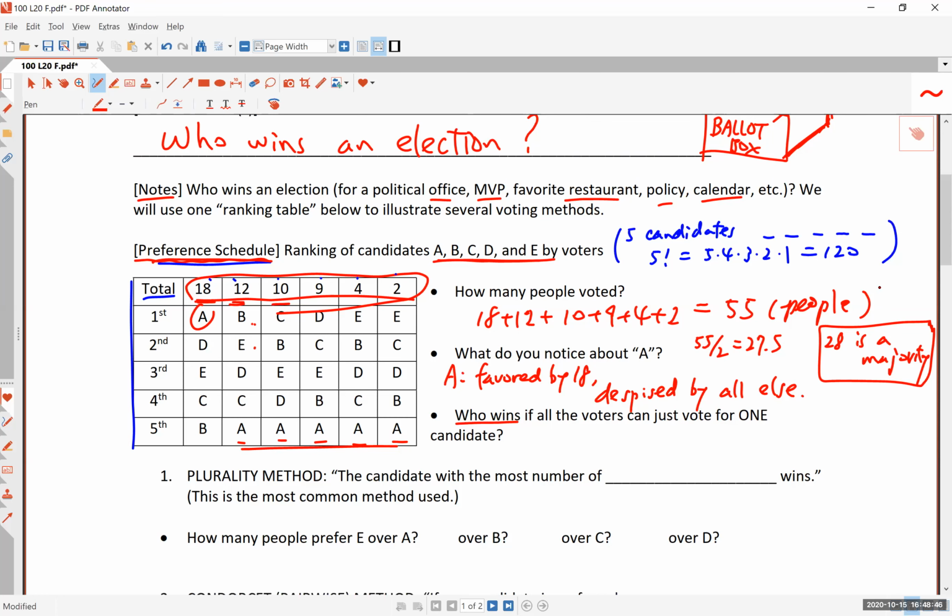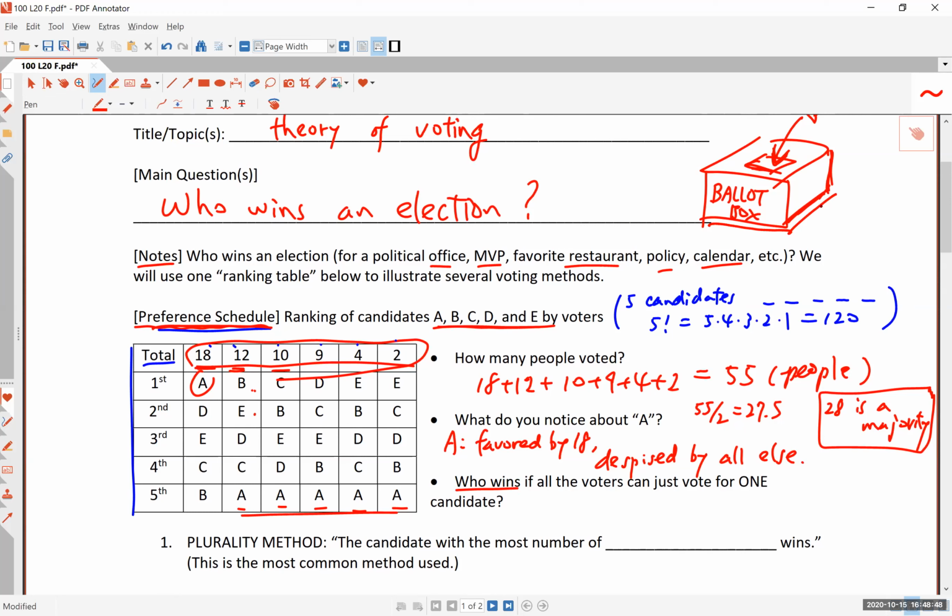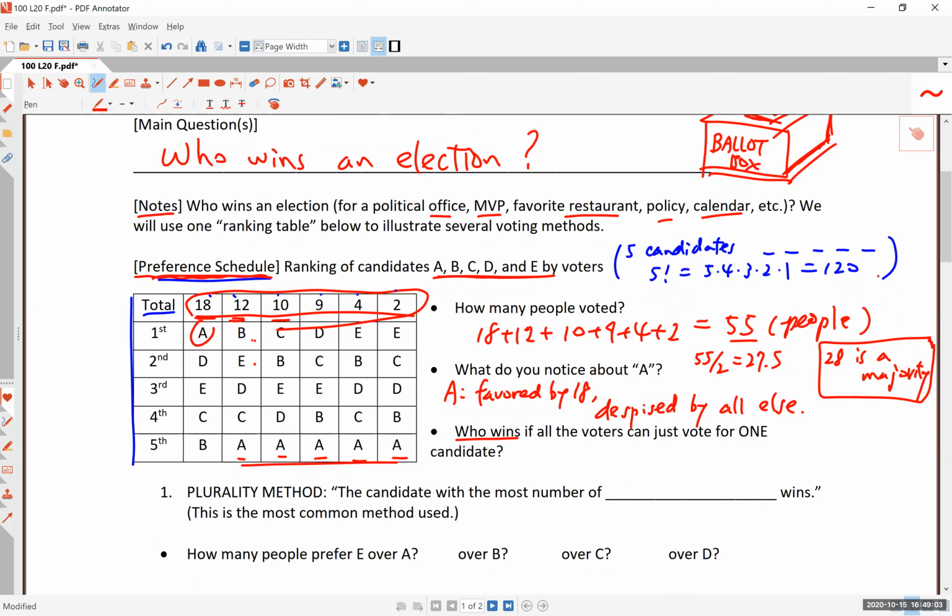Now this is the traditional way of voting. In a typical way of voting, what you will do as one of the 55 people is write the name of your favorite candidate, or just put a check on the favorite candidate. You may be one of these 18 people, and you think A is great. You may think D is pretty good.